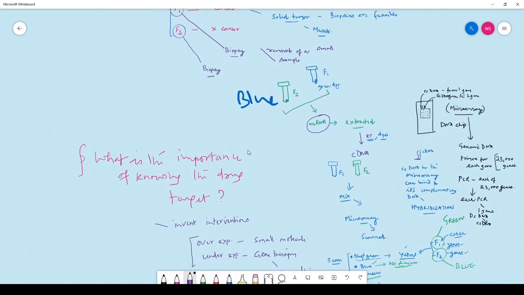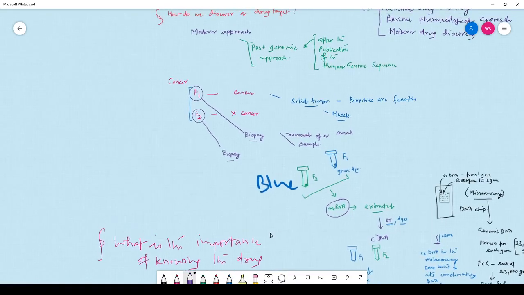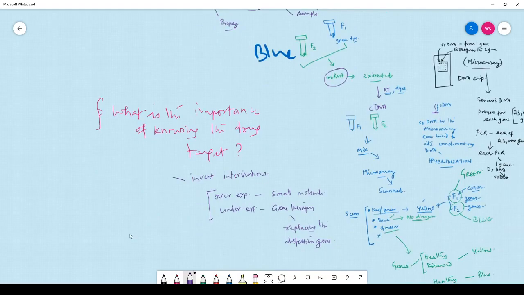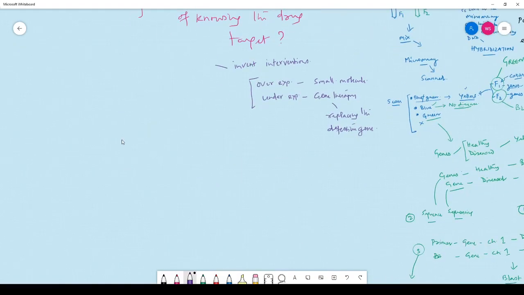So we have talked about modern approaches. Okay. So there are lots of approaches to discover drug targets.